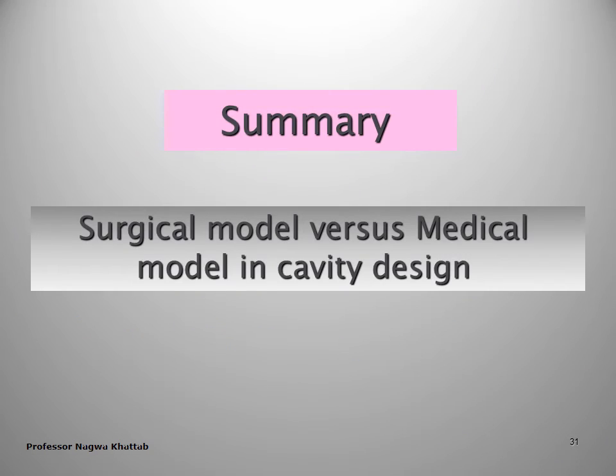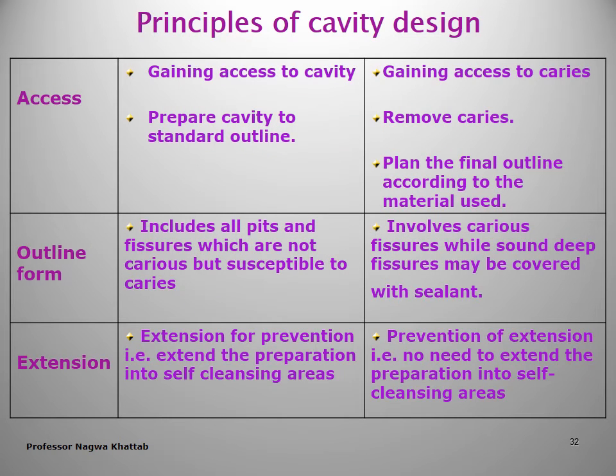In summary, between the surgical model and the medical model for cavity design, the same principles apply. In the old concept, or the surgical model, we gain access to the cavity and prepare the outline to the standard, preparing the cavity to the standard outline.